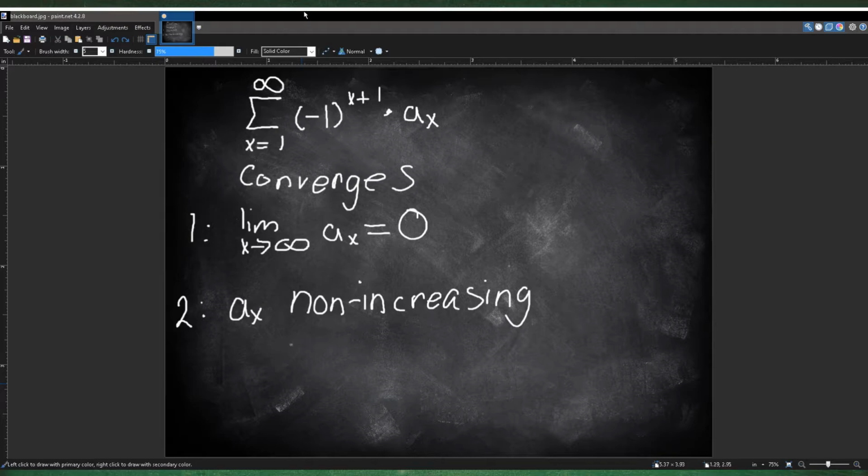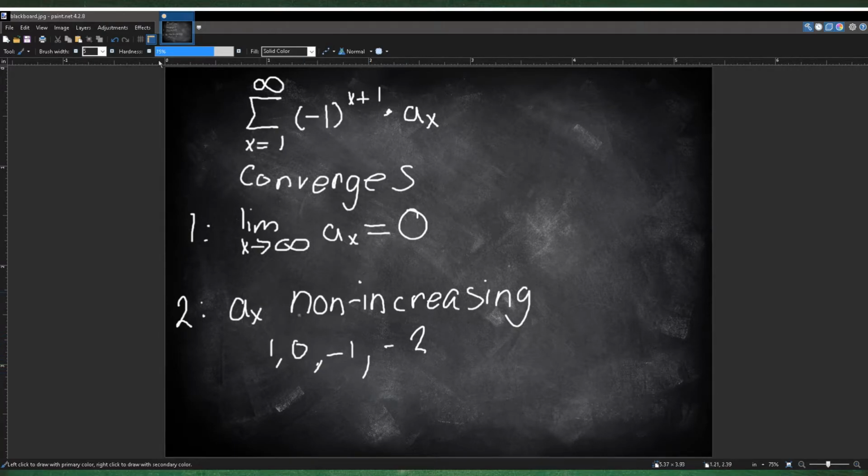So something non-increasing would be like if we have 1, 0, -1, -2. It's non-increasing because it goes from 1 to 0, so it gets smaller. 0 to -1, smaller. -1 to -2, smaller, right? And -2 is smaller than -1, is smaller than 0, is smaller than 1.